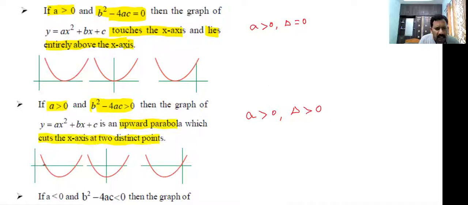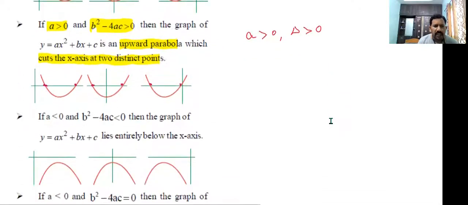The curve intersects the x-axis at 2 points. See that? A greater than 0 means always the curve is an upward parabola. Okay.